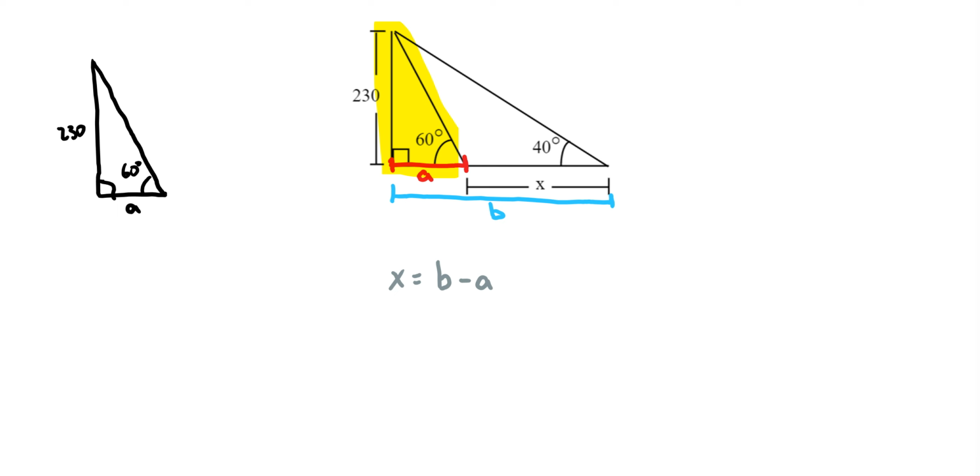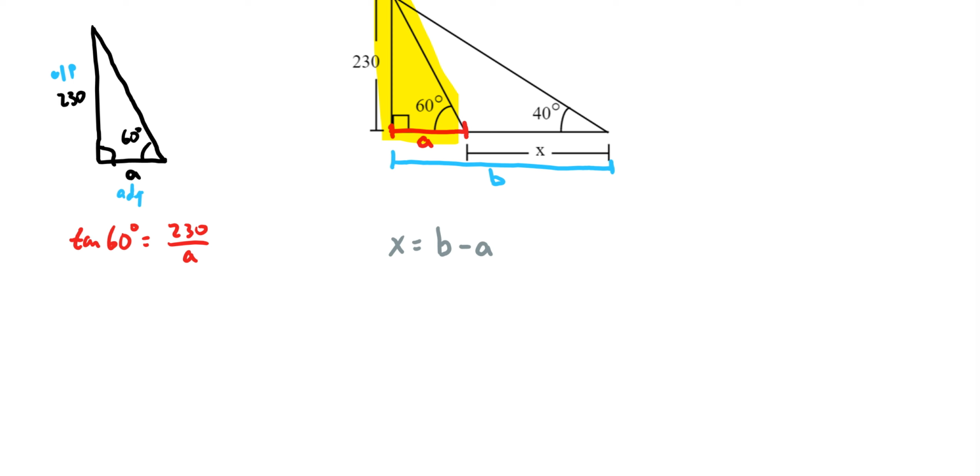So trying to find A here, in terms of where the angle is, we have the adjacent side and the opposite side. So we're going to be using tangent. So this is going to be tangent of 60 degrees equals opposite over adjacent, 230 over A.